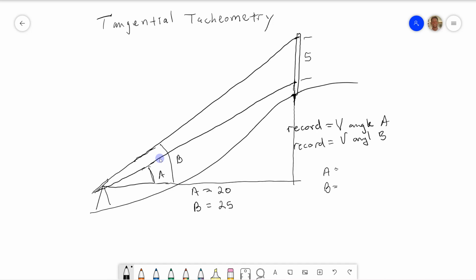So I think what we're looking for is this. It's called tangential for a reason. We're going to call this H. So 5 plus, what do they call this in the books? S, I think.